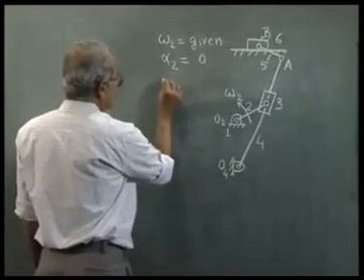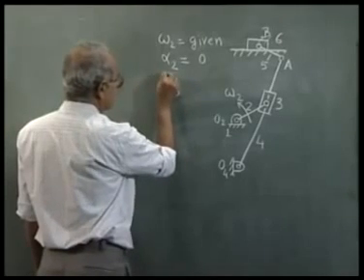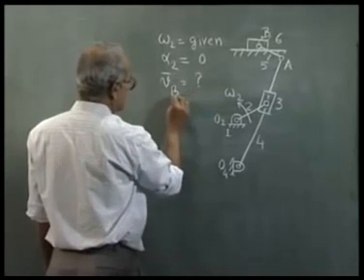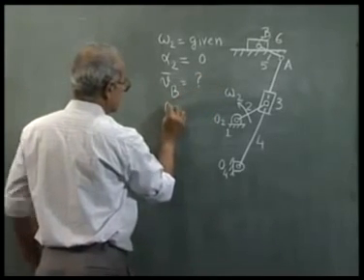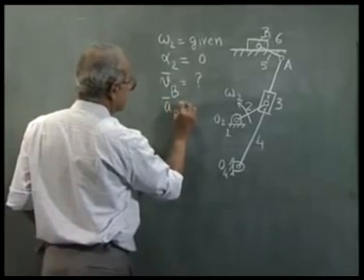And we have to determine the velocity and acceleration of the point B, which is the same as the velocity and acceleration of the tool holder, that is link 6.